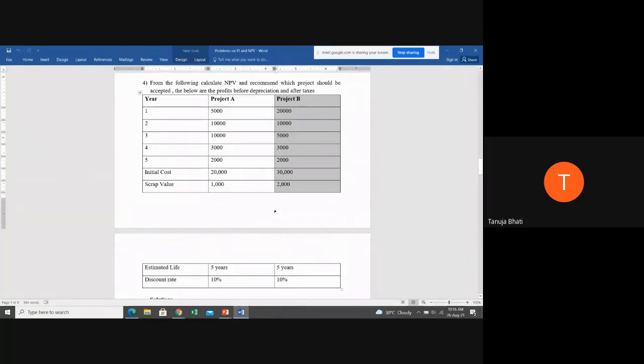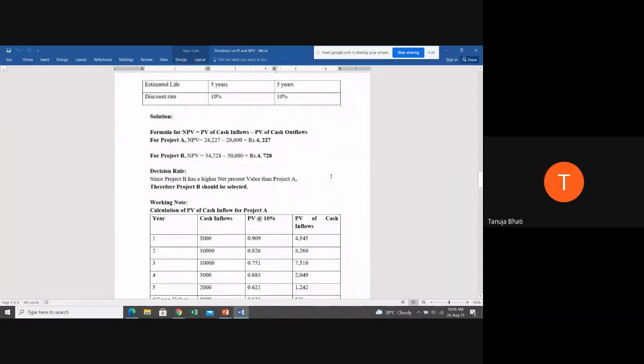Students, I'm talking to you all. Can you tell me, for project B, what will I take as PV of cash outflow? 30,000. Yes, we take it as 30,000.